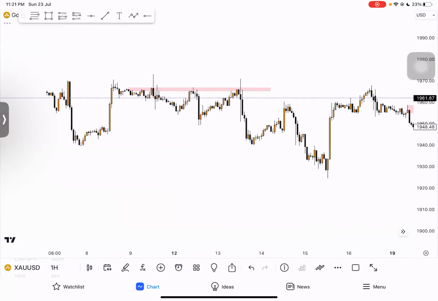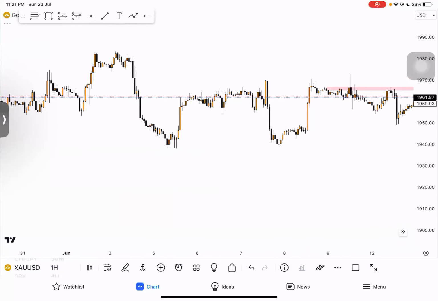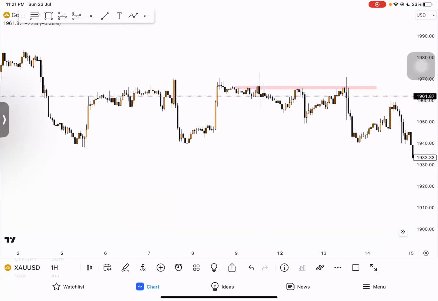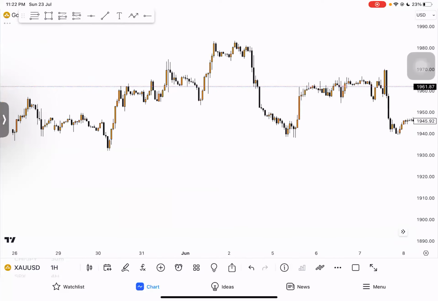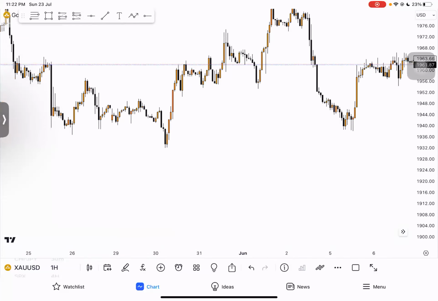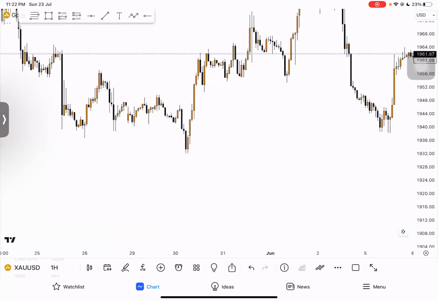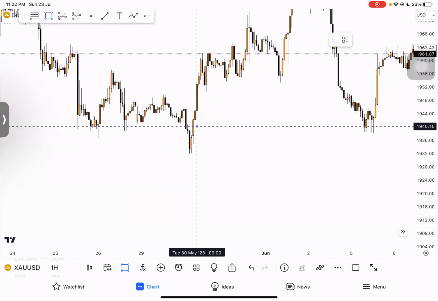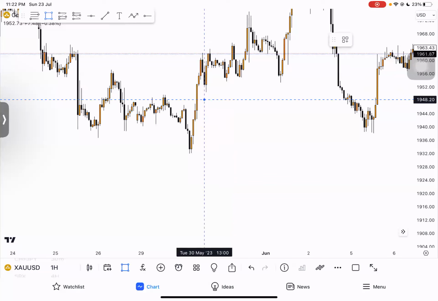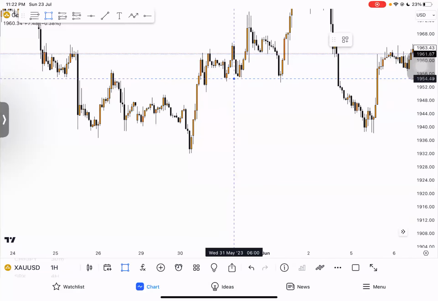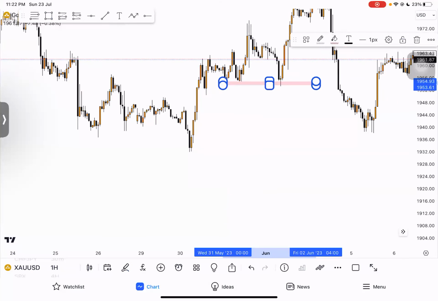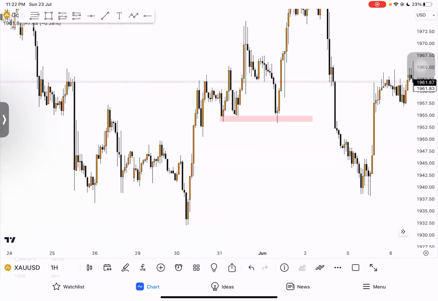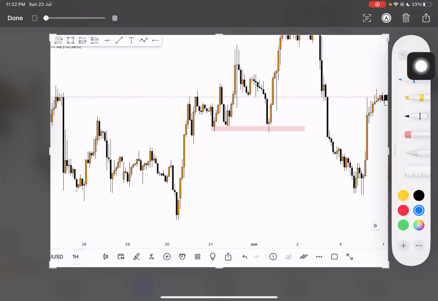Okay, this one is the example for the bullish engulfing at the support area.